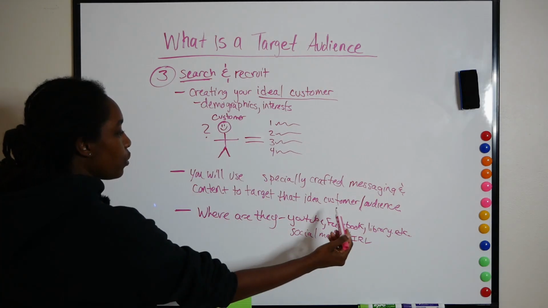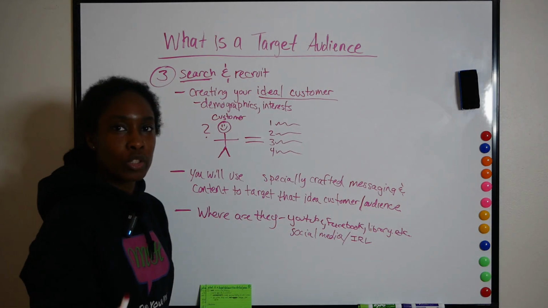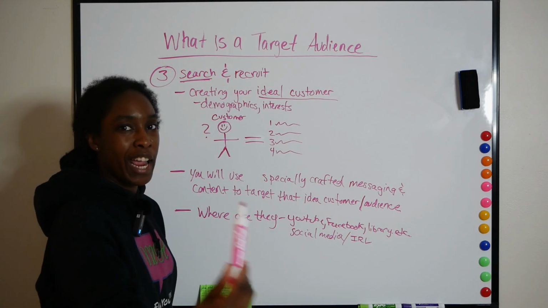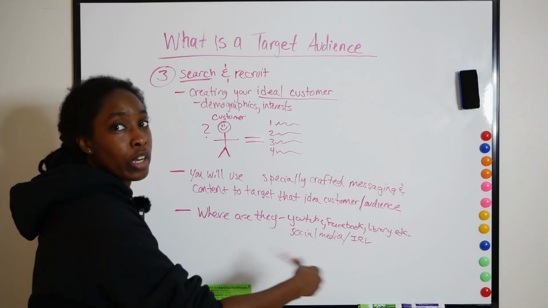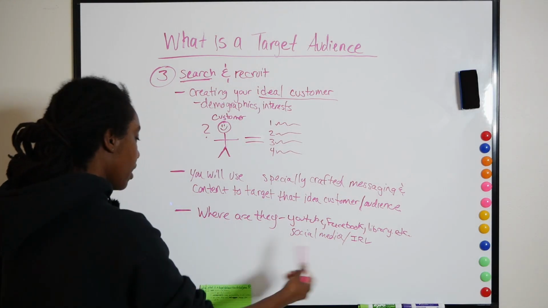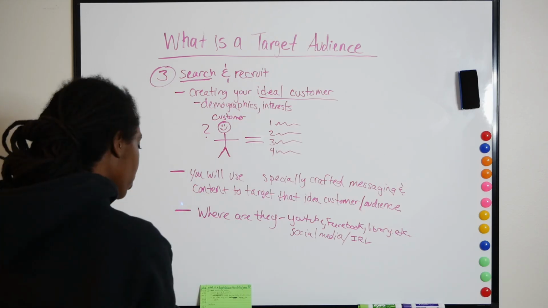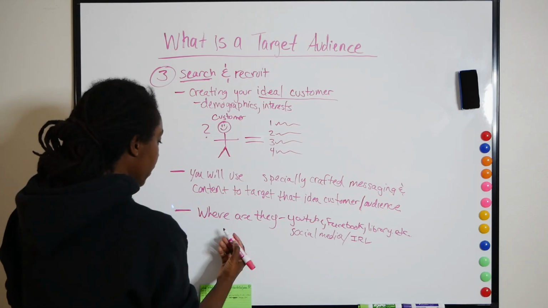All right. So once you figure out where your ideal customer hangs out, whether it's social media, in real life, or a combination of these things, then that's where you want to start engaging and giving value.